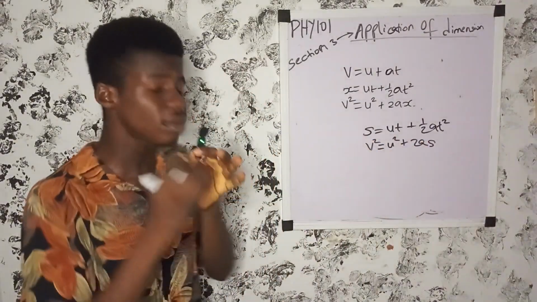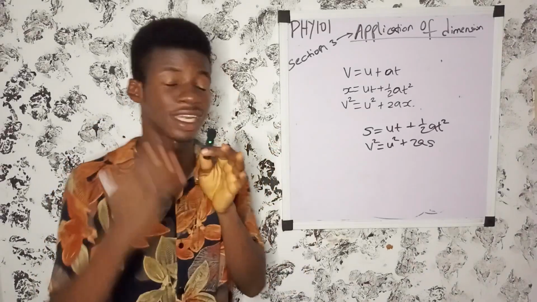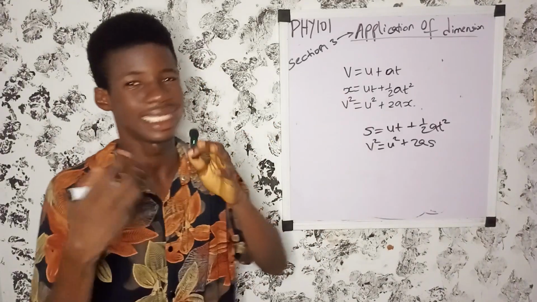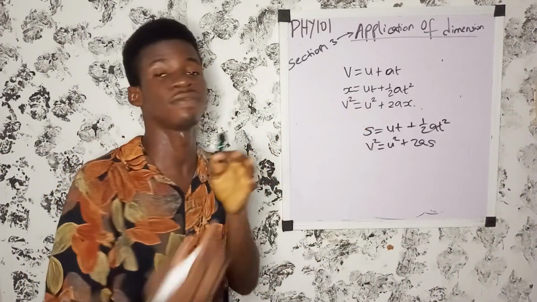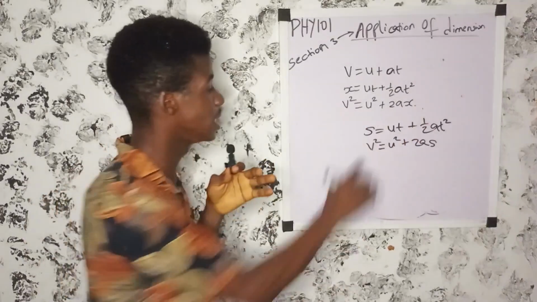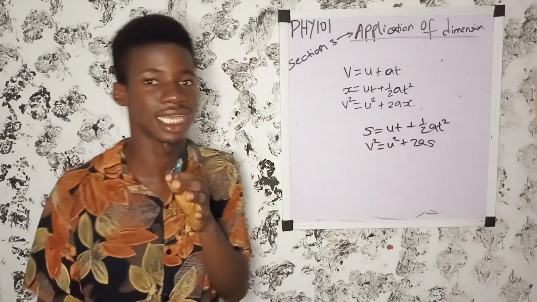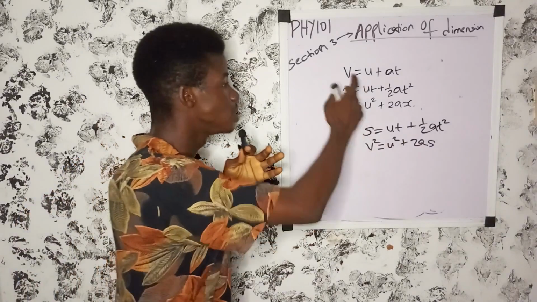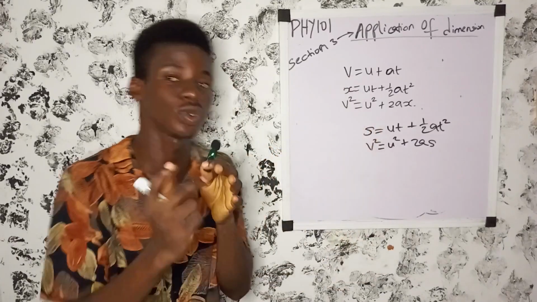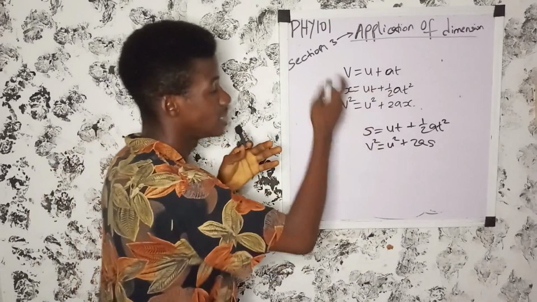Now in your textbook you find that this x is replaced by Δx. It's the same thing. This Δx stands for distance or displacement. The s also stands for distance and displacement. So you can use them in place of each other. Δx can be used in place of s, so they are the same thing.